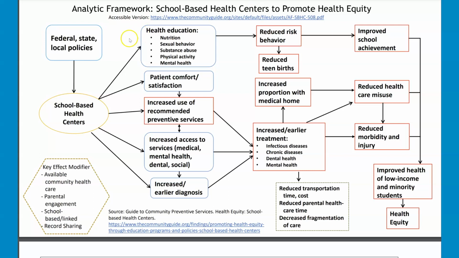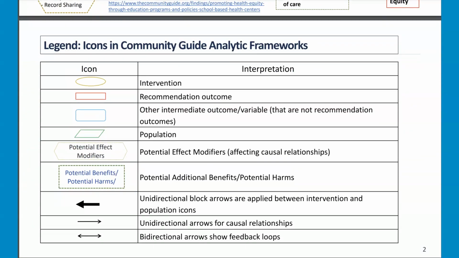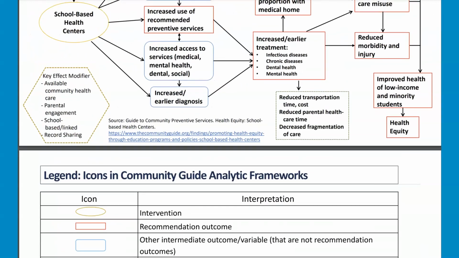So let's take a look at what's going on. Federal, state, local policies affect school-based health centers. And let's take a look at what these arrows mean. The arrows are causal relationships.